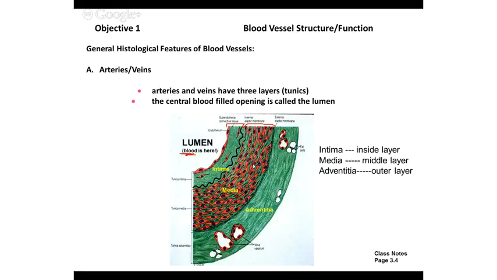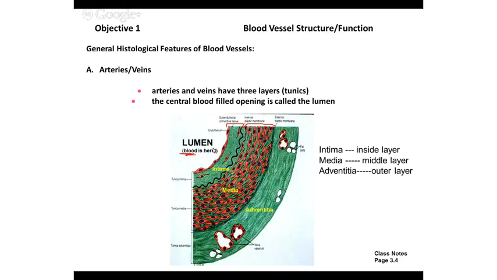Because remember, muscle cells need oxygen and nutrients to stay alive, just like any other cell. So in a really thick muscle layer, in a really thick blood vessel, these middle guys would be too far away from the bloodstream to get any nutrients. So that's why we have the second round of blood vessels in the adventitia to help nourish these muscle cells, because they're going to need a lot of oxygen and nutrients.